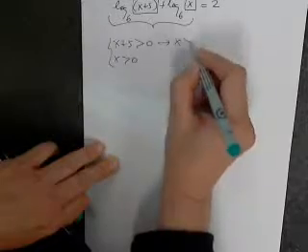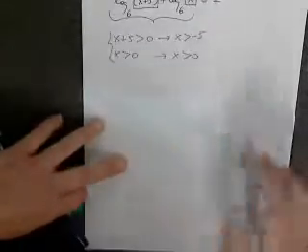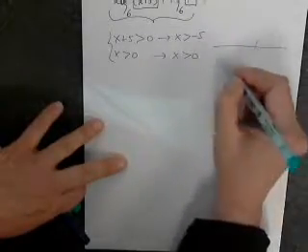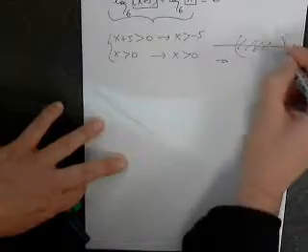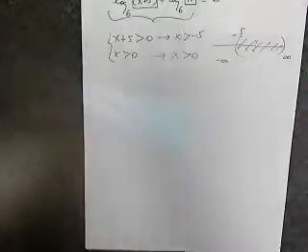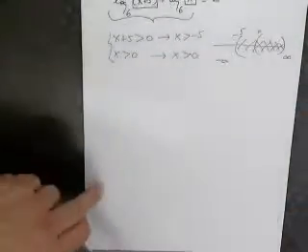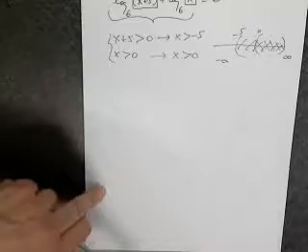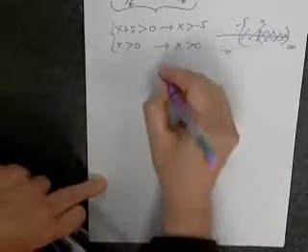I will solve them, and I will intersect the solutions. So greater than negative 5 and greater than 0. We don't have to write this. For the next problems, we will just click in a second. So what is the domain?